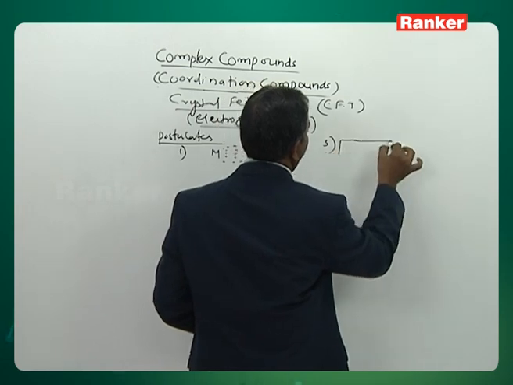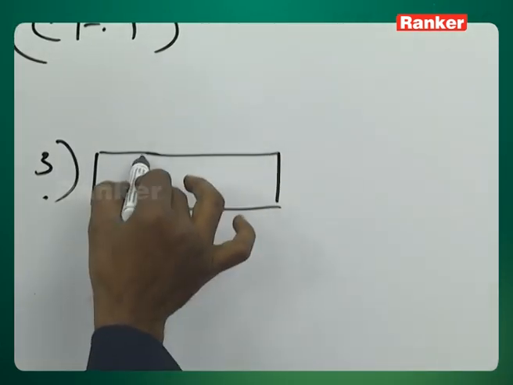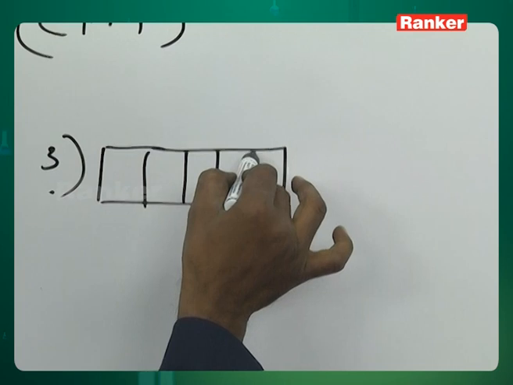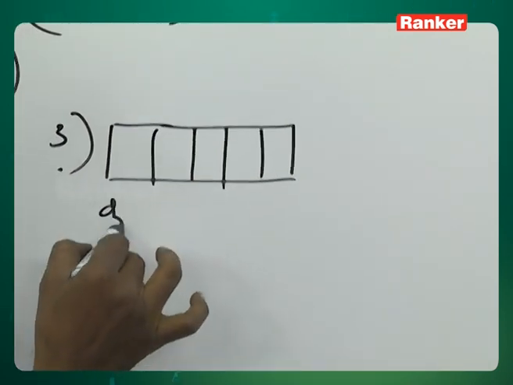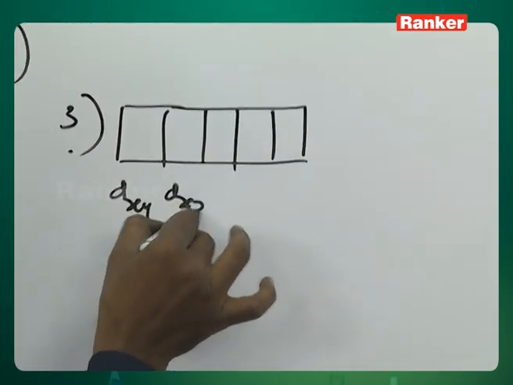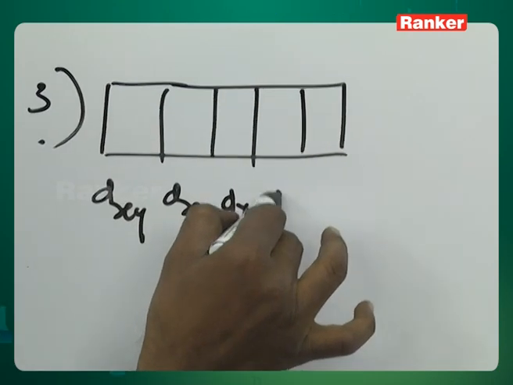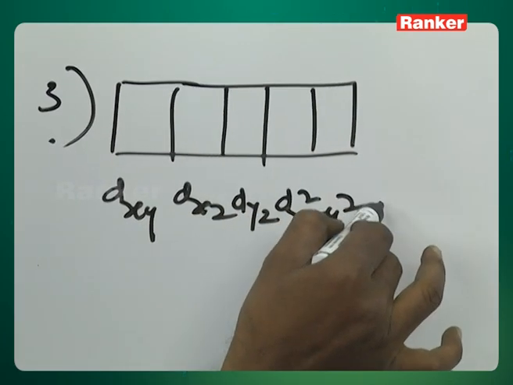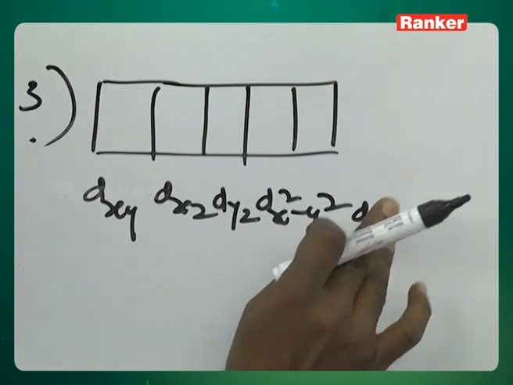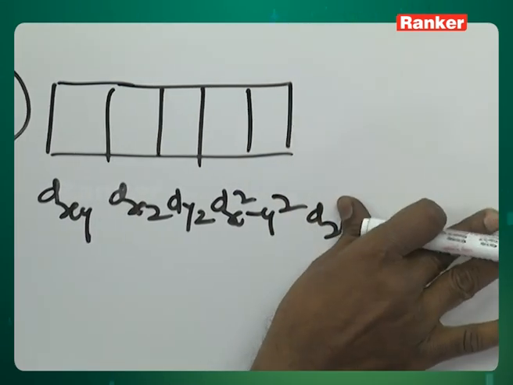The 5 d orbitals are dxy, dxz, dyz, dx2-y2, and dz2.